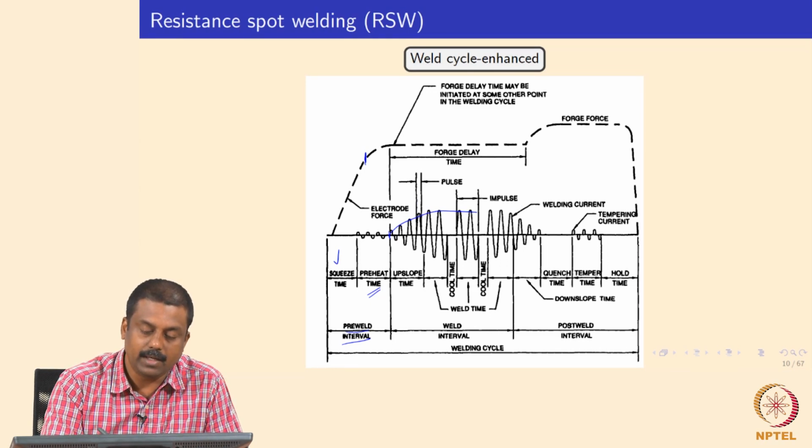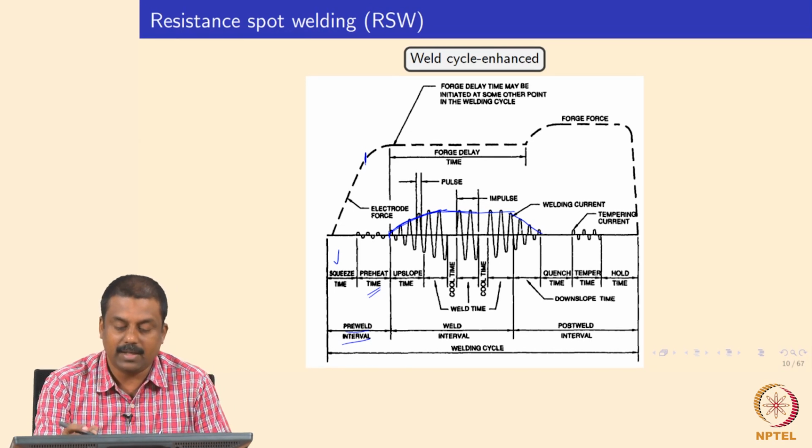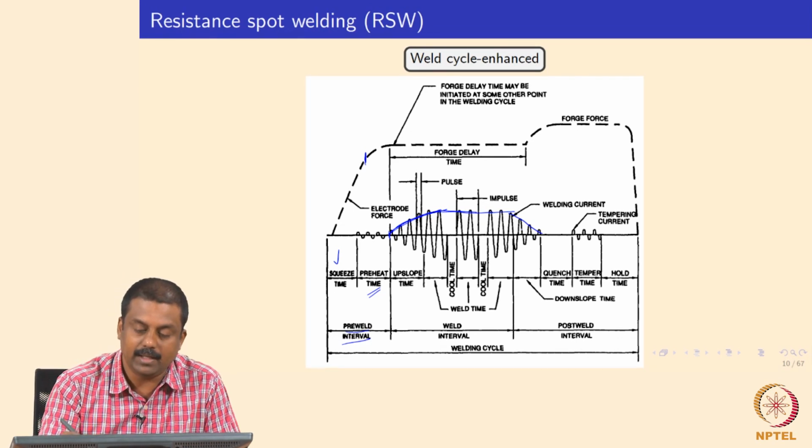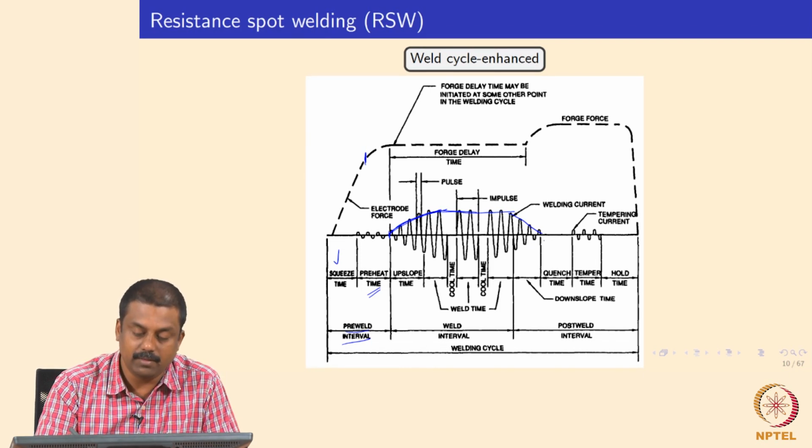So we can have one upslope, and then a constant current in a pulse, and then we can have another downslope. By doing so, we can also modify the heating, holding and cooling time, and subsequently the rates at which these weld nuggets are heated and then cooled.